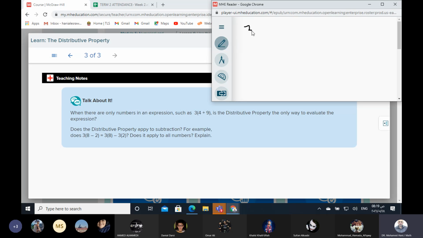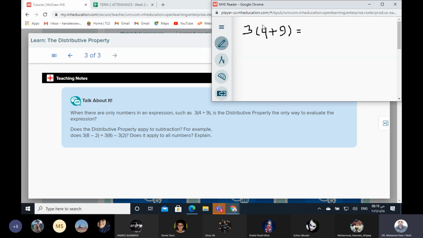We have here 3 multiplied by parentheses 4 plus 9. So we can always use the distributive property when we multiply by parentheses with addition or subtraction inside. How?